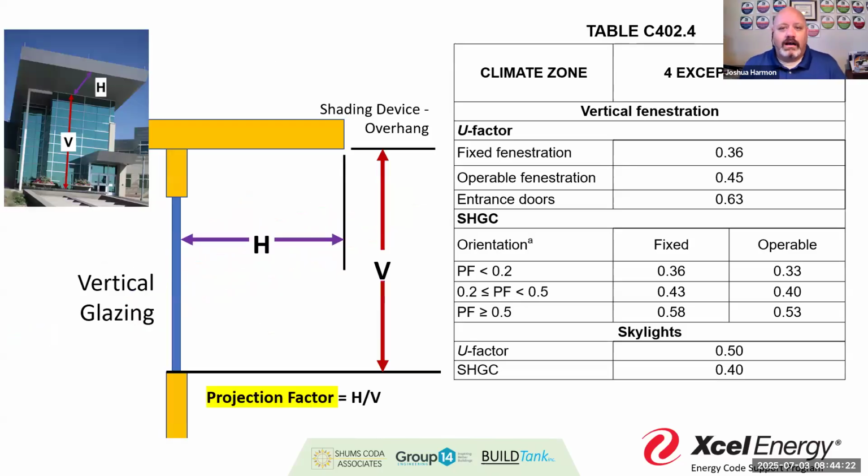If in that process we've identified projection factors, and we'll talk more about windows and fenestrations later, and for some reason we say, you know what, we decided we're not going to put that overhang on, that may affect the type of window, right?